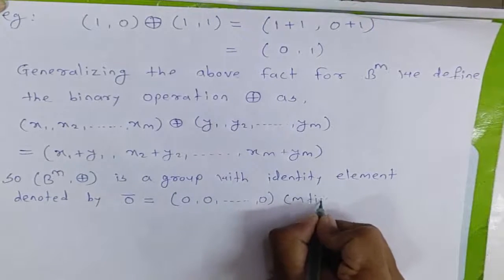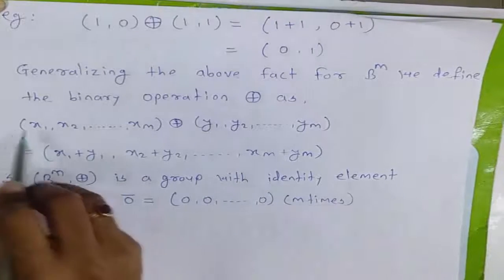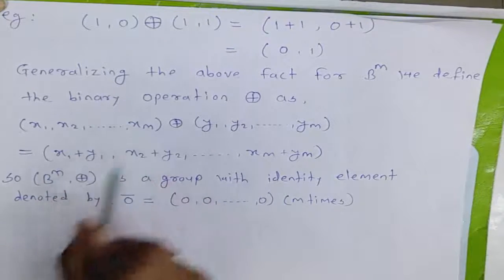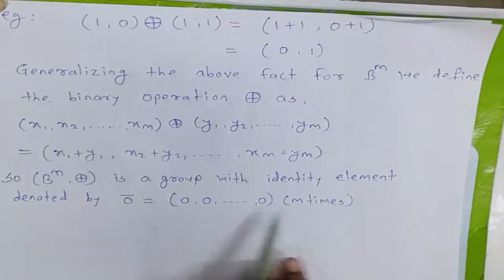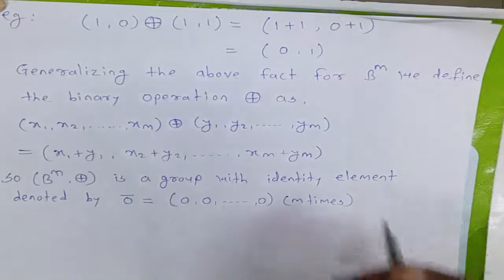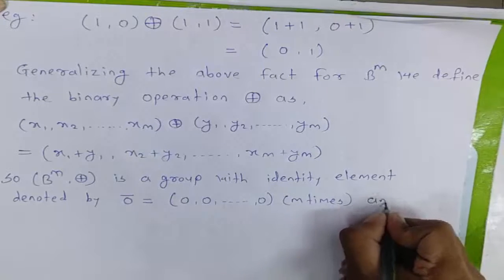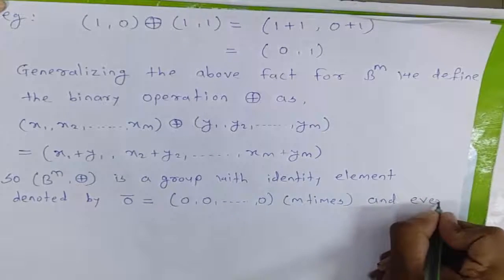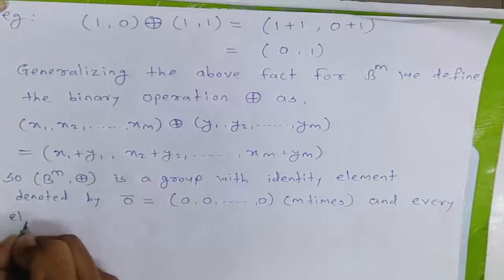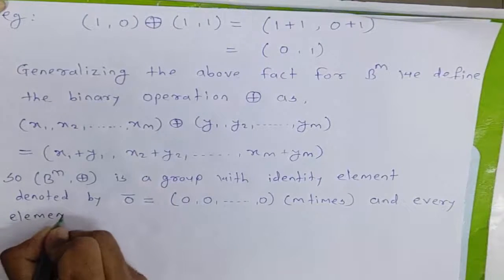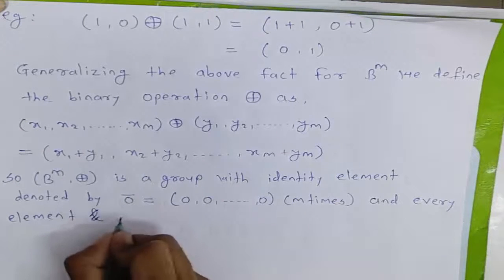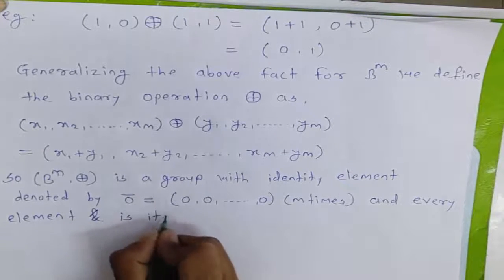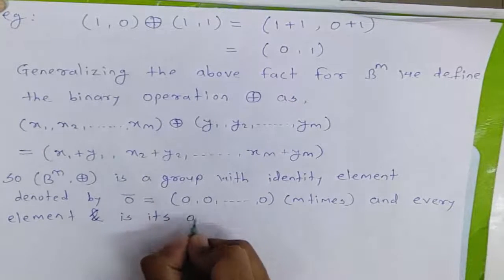Okay, here (x1, x2, x3 up to xm), (y1, y2, y3 up to ym). So we take 0 bar as 0, 0, 0, m times, and every element is its own inverse.